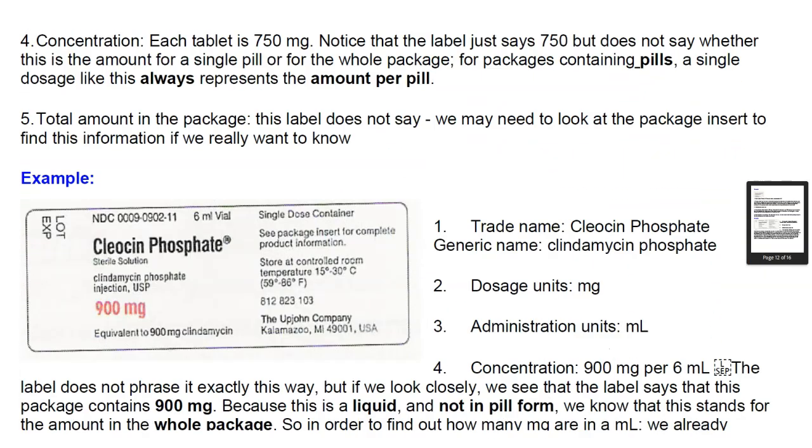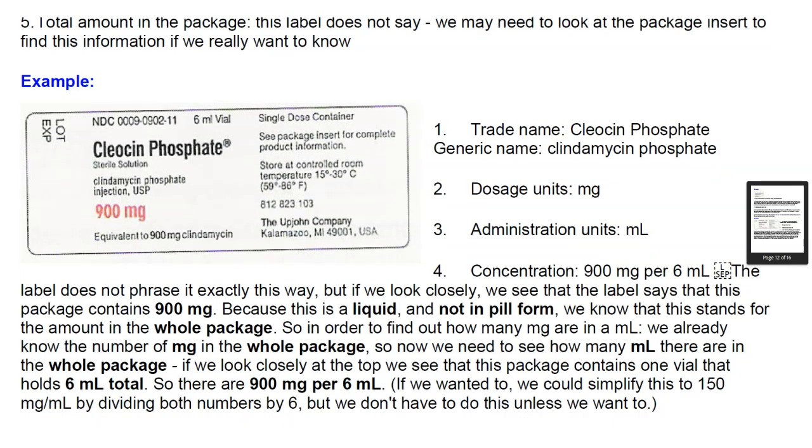Here's another example. Our trade name is Cleocin Phosphate, and our generic is clindamycin phosphate. Typically the way to differentiate, though it's not always the case and some manufacturers will print it differently, is that your trade names will start with capital letters and your generic would be in all lowercase.